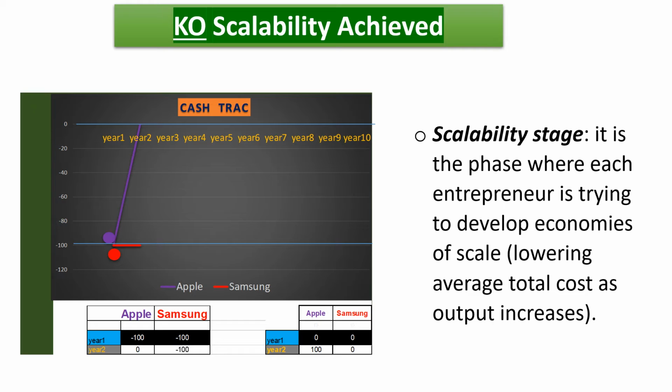And here on our graph, you can see such achievement depicted as Apple goes from negative cash to break-even cash level in 2 years compared to 3 years in a standard scalability achievement. And Samsung has not done that.